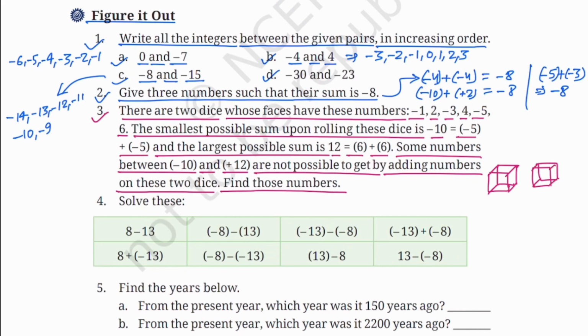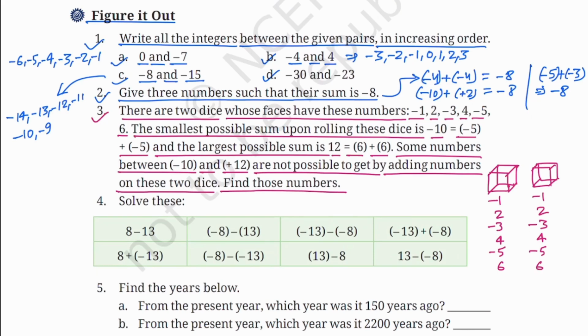Numbers that can appear on the first dice can be -1, 2, -3, 4, -5, 6, and similarly on the second -1, 2, -3, 4, -5, 6.